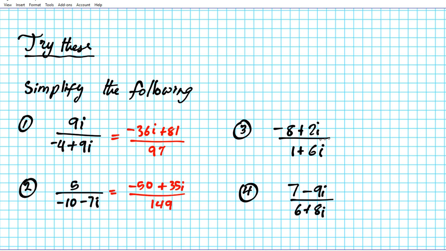For number 3, if you simplify this, you're going to get 4 plus 50i over 37, or you can break it up. And then for number 4, you're going to get negative 3 minus 11i over 10, or you can break it up also.